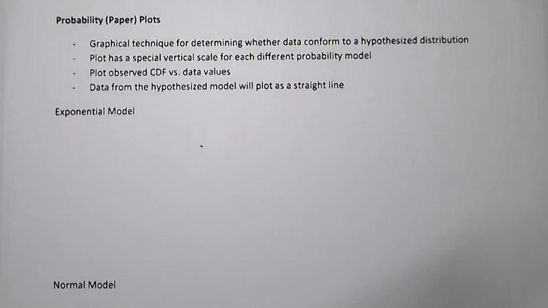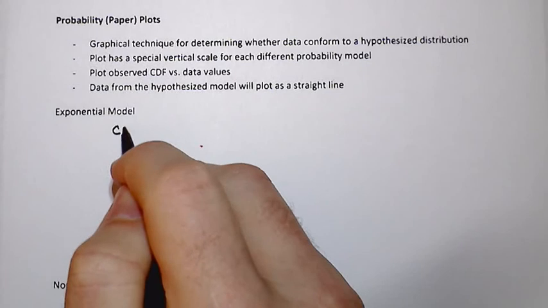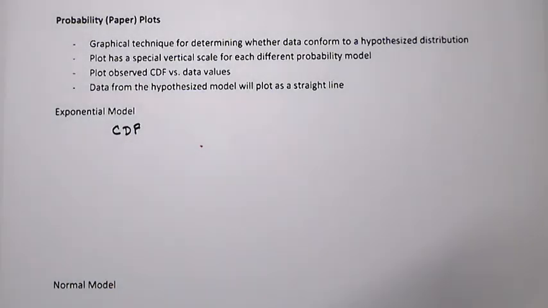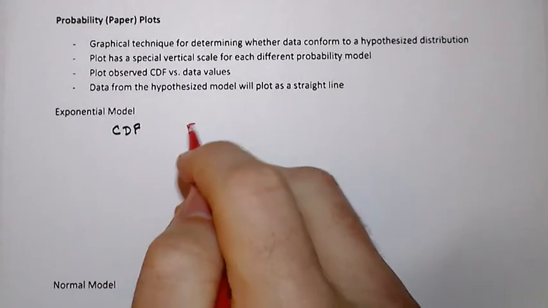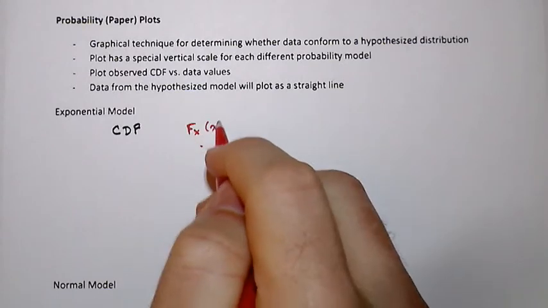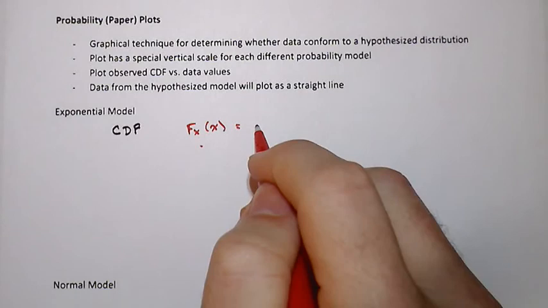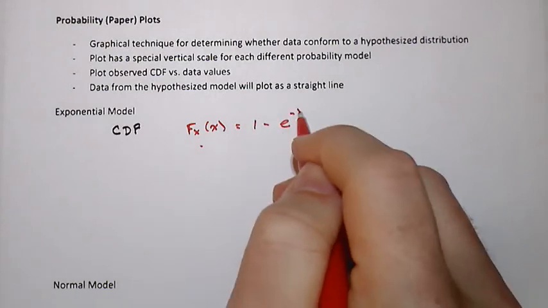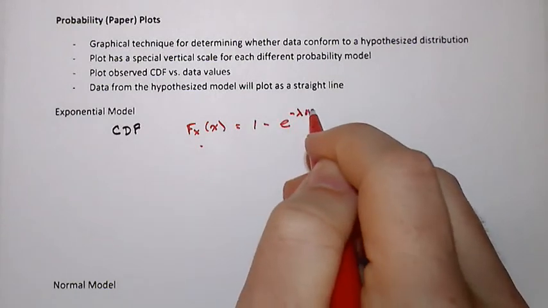For here, let's take a look briefly at the exponential model, and then we're going to go to the normal distribution model. Let's go right to the CDF of the exponential model, that it's equal to 1 minus e to the minus lambda x.